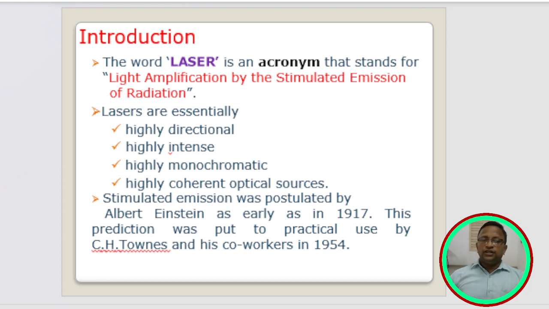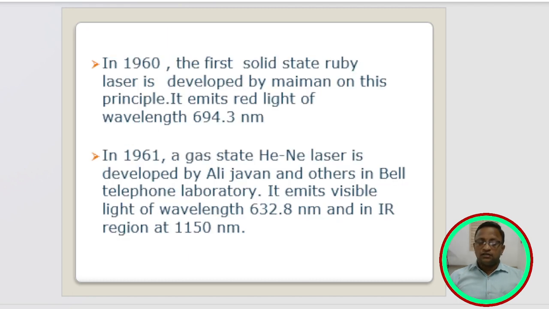Based on the stimulated emission concept, in the year 1917, Albert Einstein postulated stimulated emission, and the prediction was put to practical use by the scientist C.H. Townes and his co-workers in the year 1954.